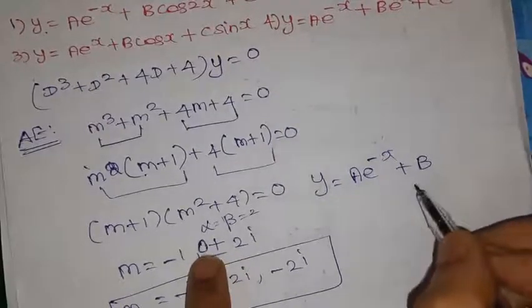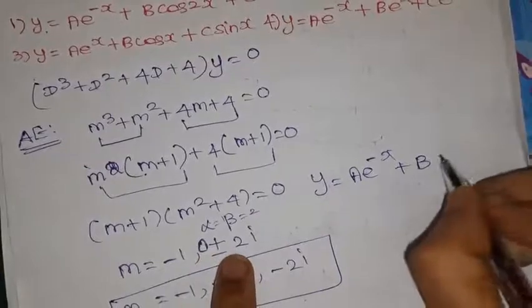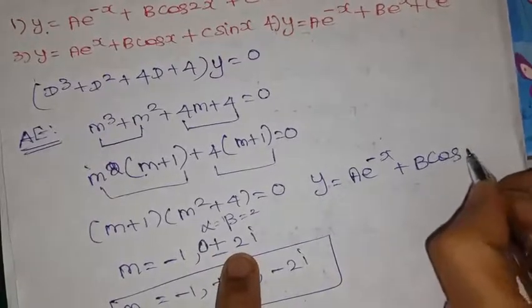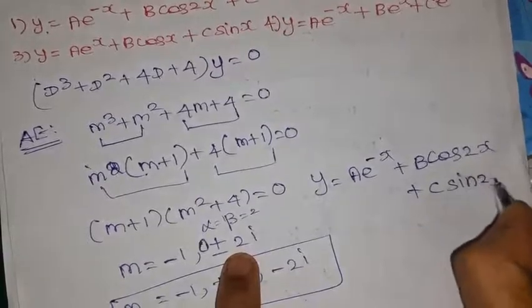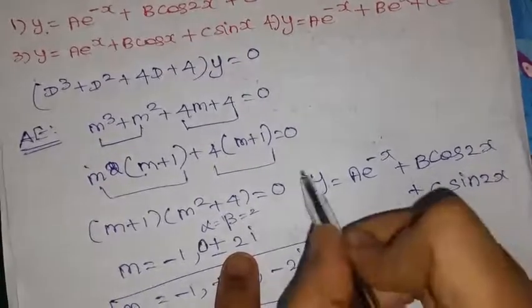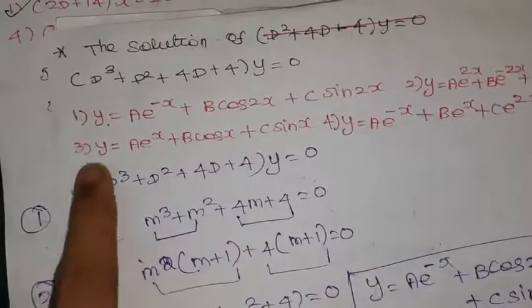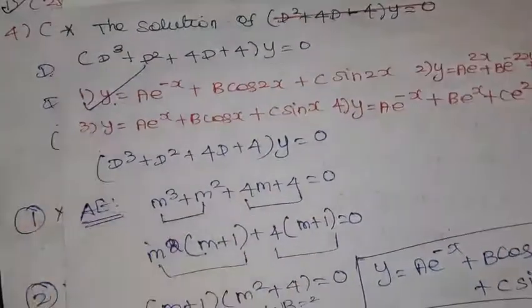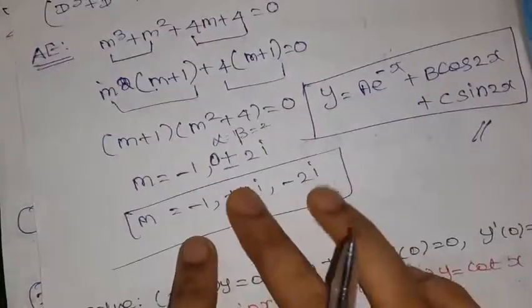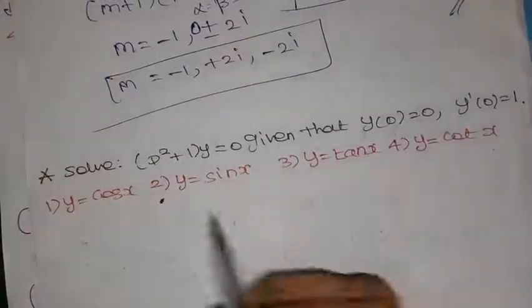So e power alpha x into b cos beta x, what is beta? 2, plus c sin 2x. So this is the solution for this differential equation. Option 1 is the right option. Of the 3 different roots, 2 roots are complex conjugate and 1 is a real root. Okay, then we move on to the next problem.